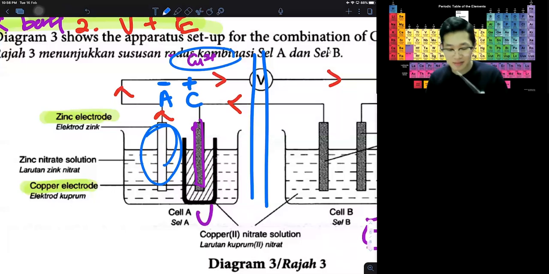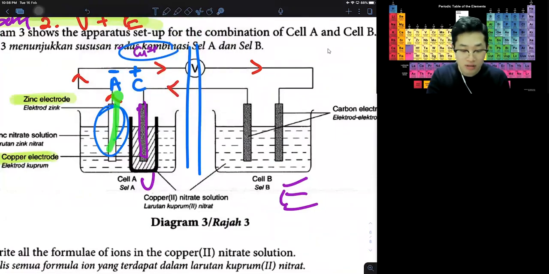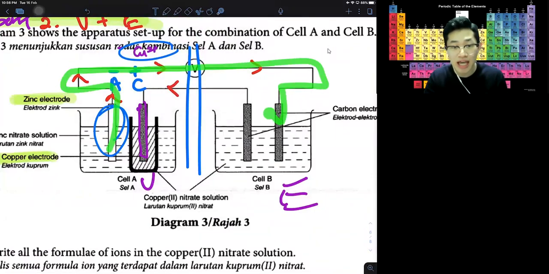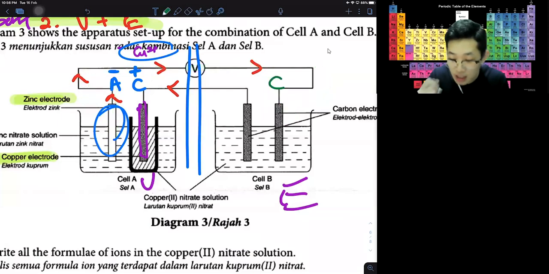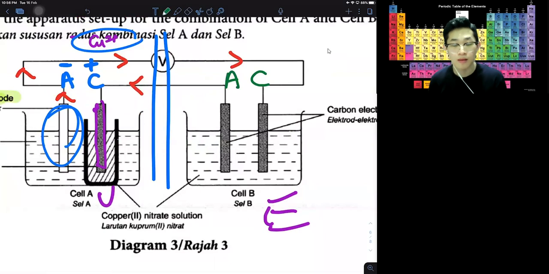The other side, anode is connected to cathode. Electron flows into the cathode, so it should be cathode here, and then anode. Anode positive, cathode negative.